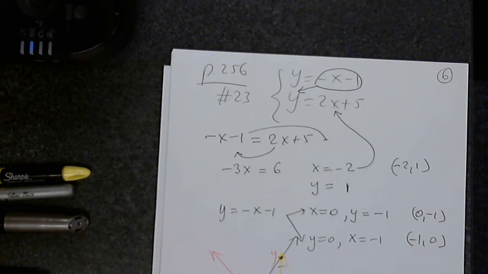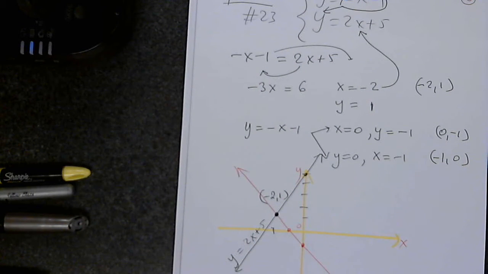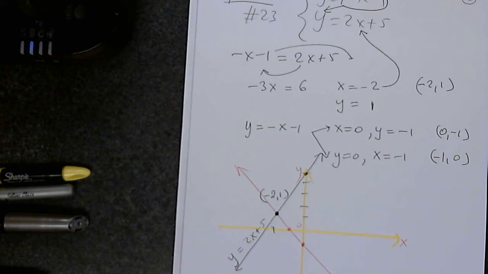Any questions? The y-intercept, 0 comma 5. When x is 0, y is 5. That was all in chapter 4. Nothing else from chapter 4. Now let's look at chapter 3.